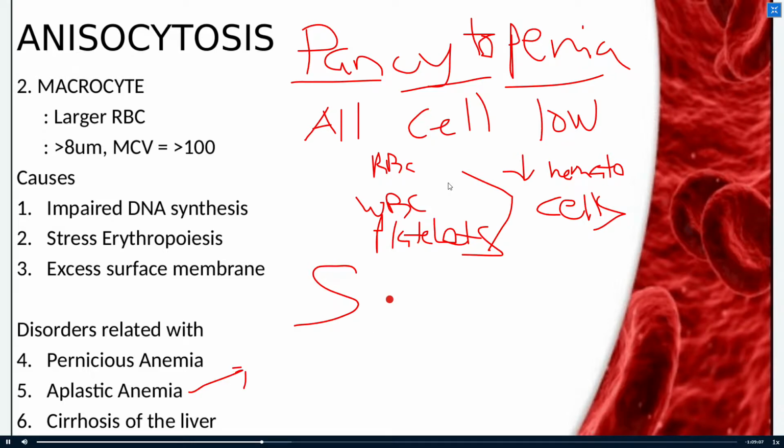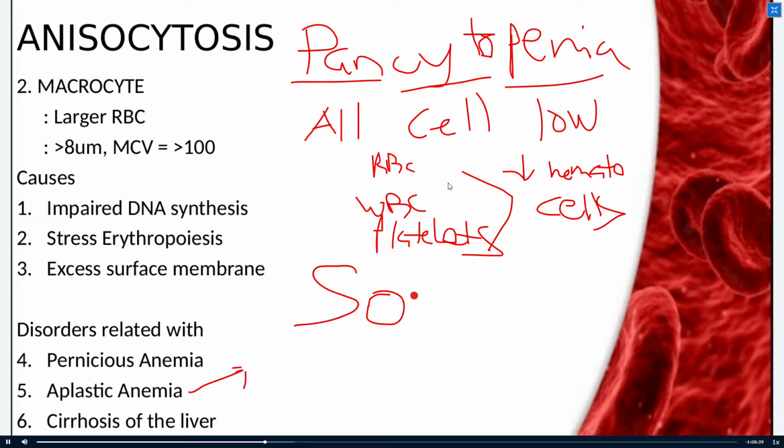You would look at, second letter is O. Whenever there are decreased cells, or specifically may problem sa production, where would you look?